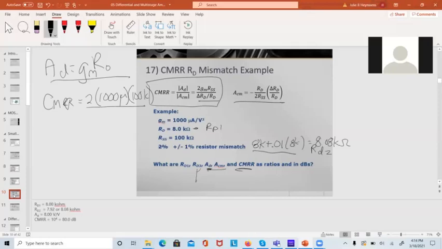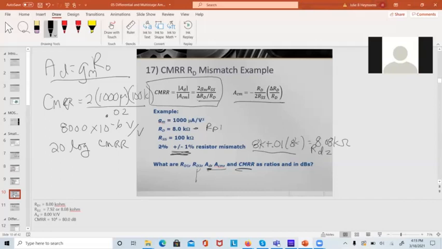And delta RD over RD is going to be, in this case, 2% because it's plus or minus 1%. So I could have a 2% difference in there. So this would be 0.02, and we can get the common mode rejection ratio is 8,000 times 10 to the minus 6th volts per volt. And then when we convert that into dB, it's just 20 times the log of CMRR. And that comes out to be about 80 dB.